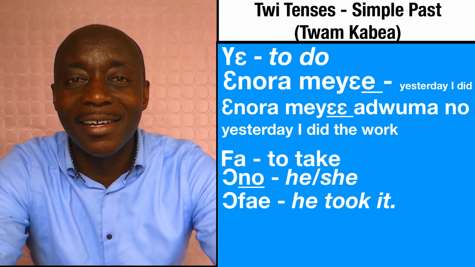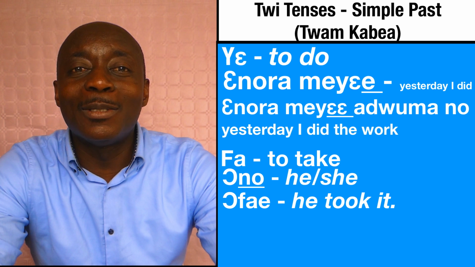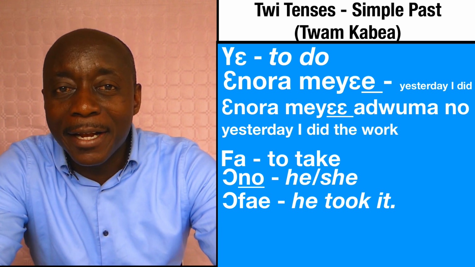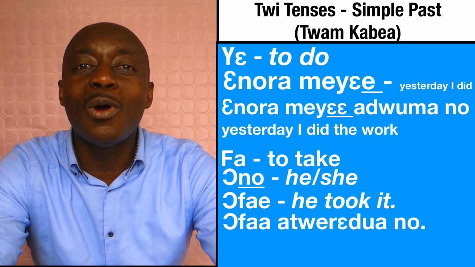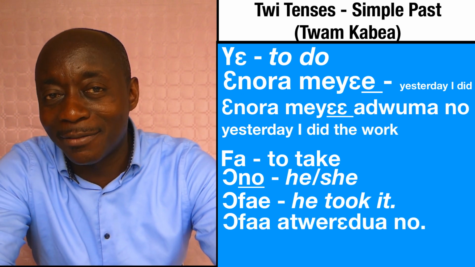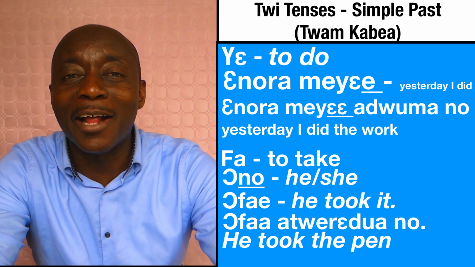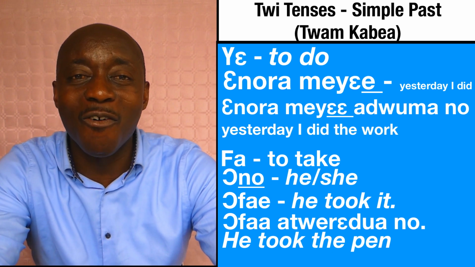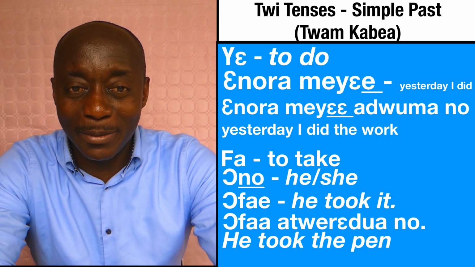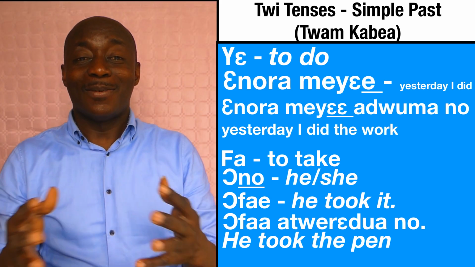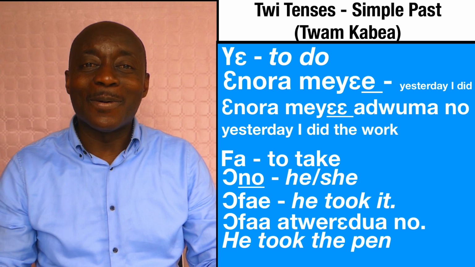Ofai. If you want to say he took the pen, that is with complement, then we will say ofa atredian. Ofa atredian. Good. So it's very simple. So that is all that you need to do.